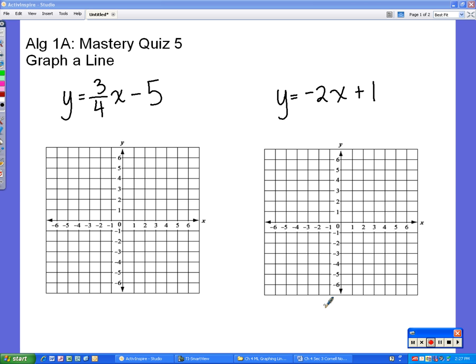All right, our fifth mastery quiz is on graphing a line. These two equations that I want you to graph are both in slope-intercept form, and all of the equations on this mastery quiz will be in slope-intercept form.